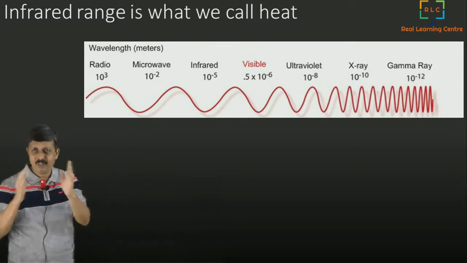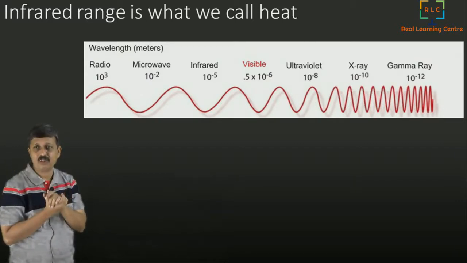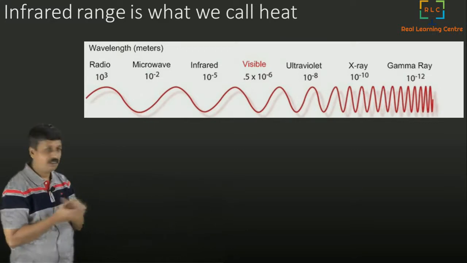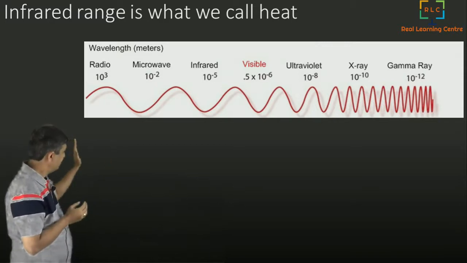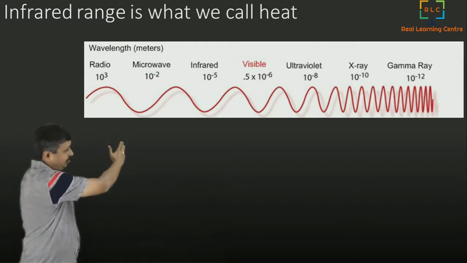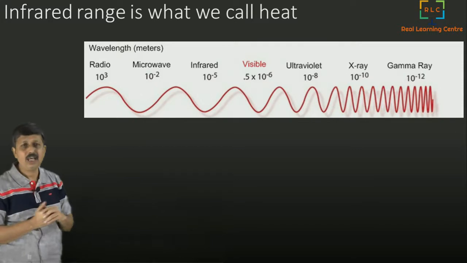Now it's a wave. Wavelength is the length of the wave. Okay, so the wavelength of light or the electromagnetic spectrum is what we are seeing here. If you come to the left side, you can see that these are longer wavelengths. Okay. On the right side, you have shorter wavelengths. Now, I am just plotting here.